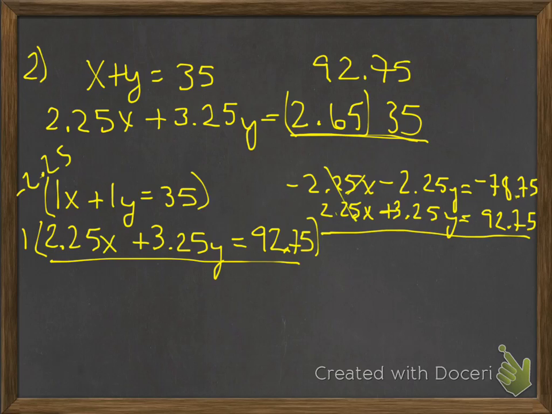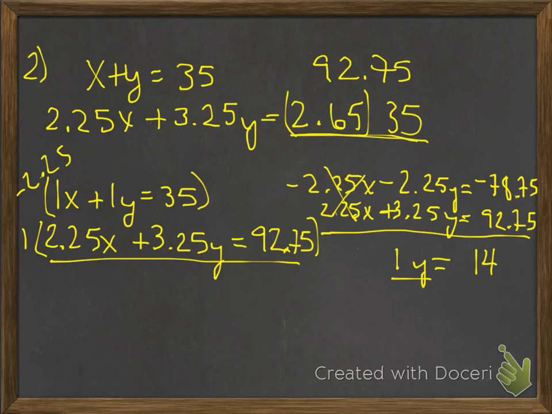Combine, the x's cancel, you get 1y equals 92.75 minus 78.75, which equals 14. These numbers, because these are going to represent some type of mixture, should probably be whole numbers.